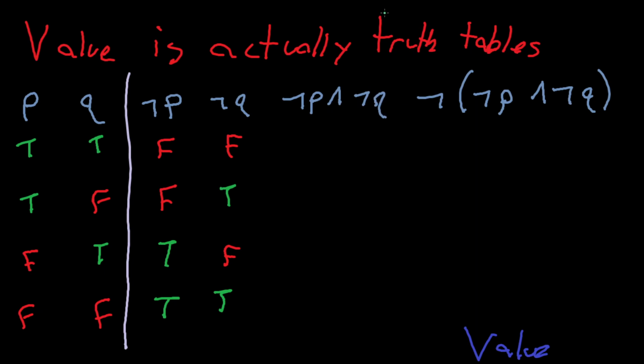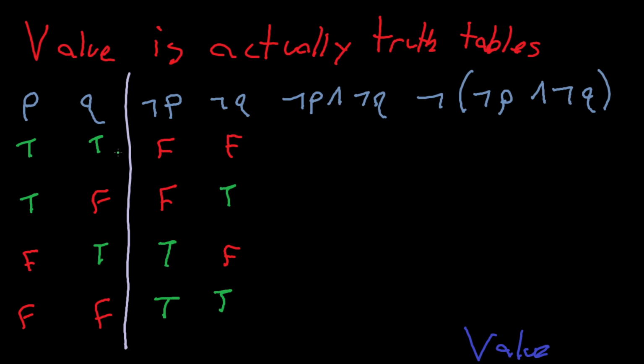Now let's try the sentence not P and not Q. Recall from the definition of value that if phi is of the form psi and pi, then phi will have the value true only when both psi and pi have the value of true.